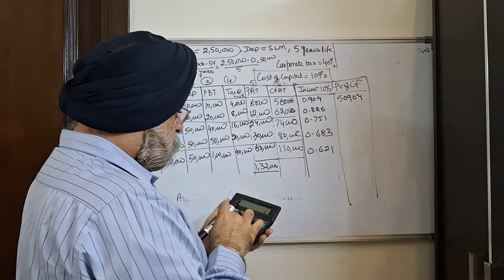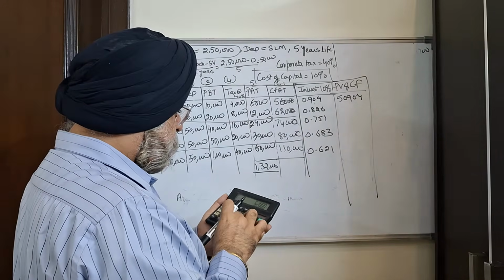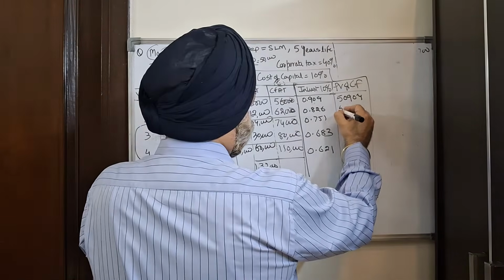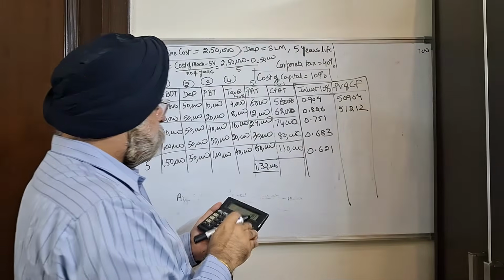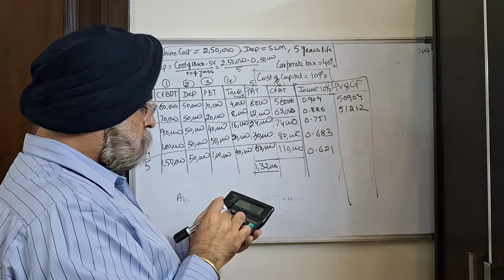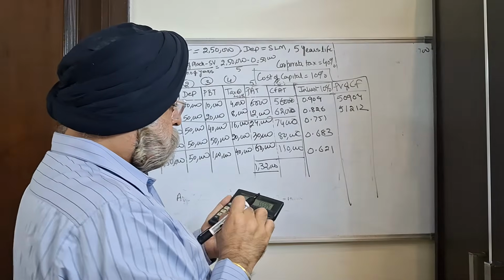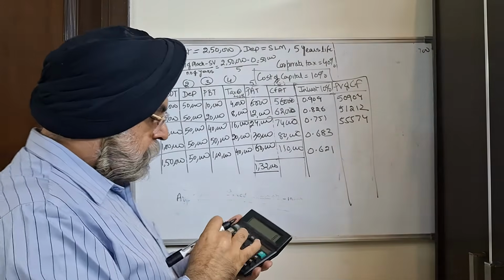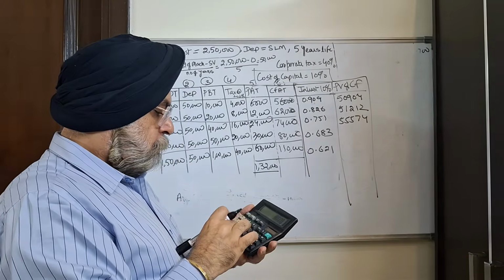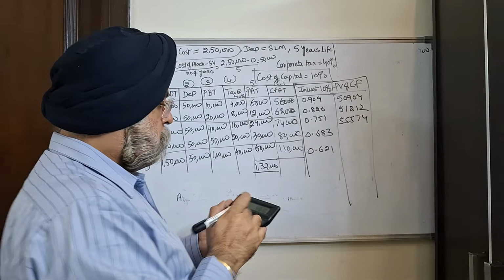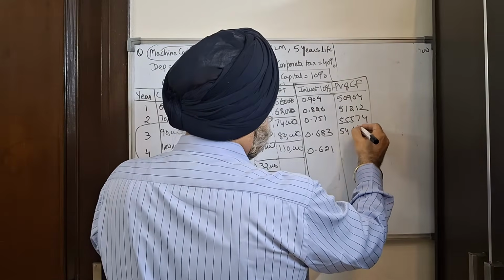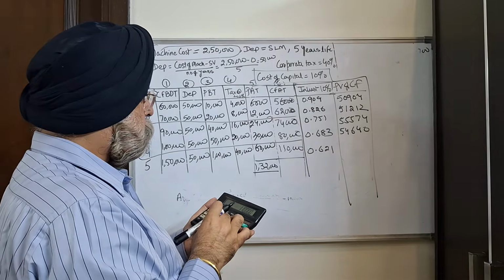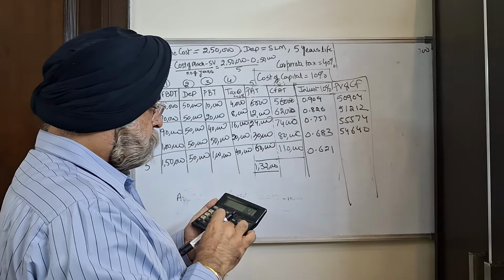50904. 62,000 multiplied by 0.826, it is coming to 51212. 74,000 into 0.751, it is amounting to 55574. 80,000 into 0.683, one lakh 10,000 into 0.621.